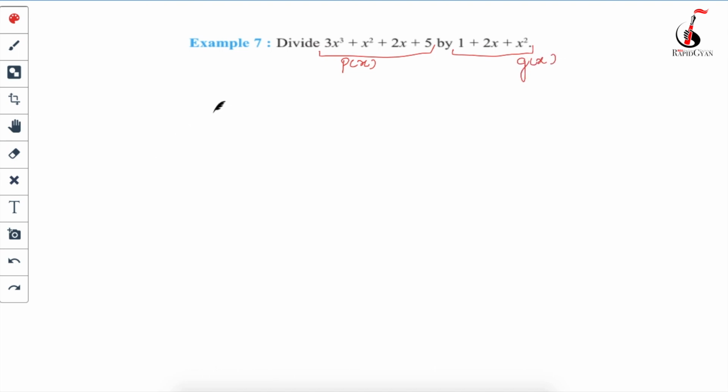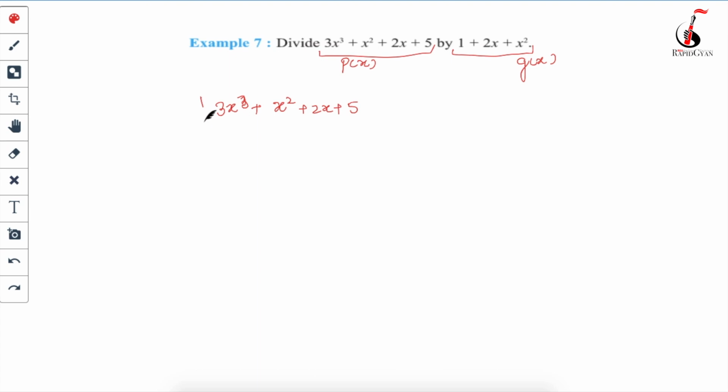See beta, there is one very important thing whenever you are going to divide two polynomials. You will have to make sure that whenever you are writing those polynomials, they should be in the descending order of their power. In this case 3x cube will come first: 3x cube plus x square plus 2x plus 5.